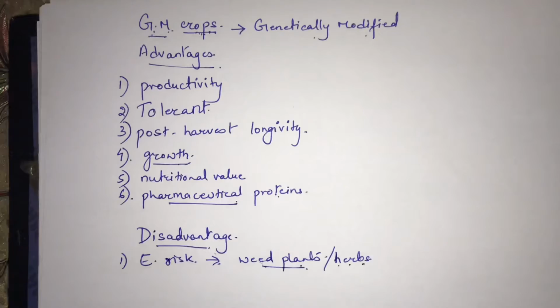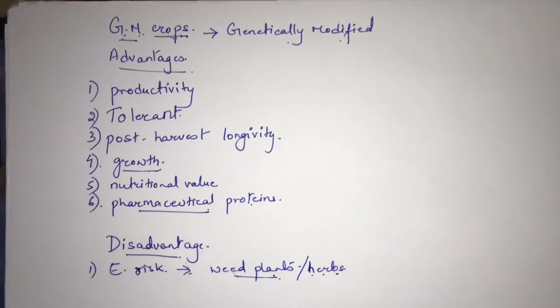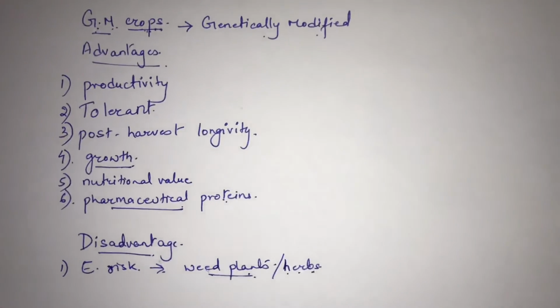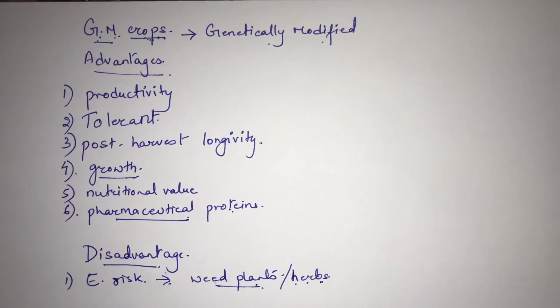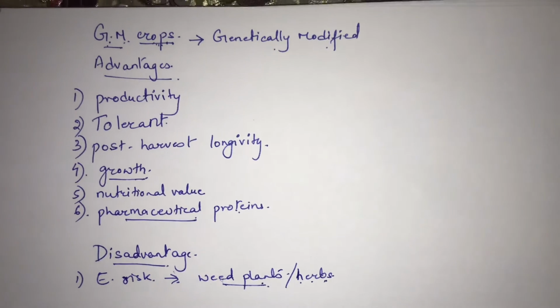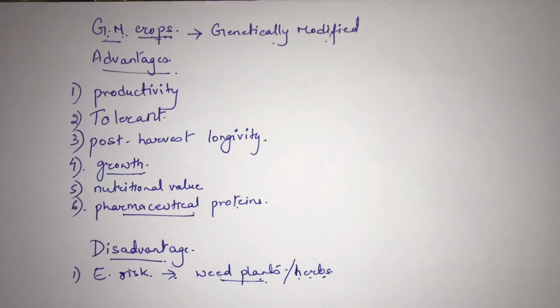So a genetically modified crop with a herbicide tolerant gene, or an insect and pest resistant gene, may crossbreed with weeds and can cause transfer of the gene from the crop to the weed.